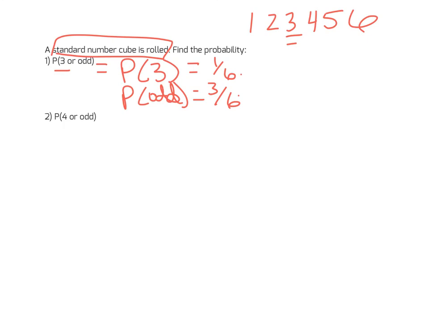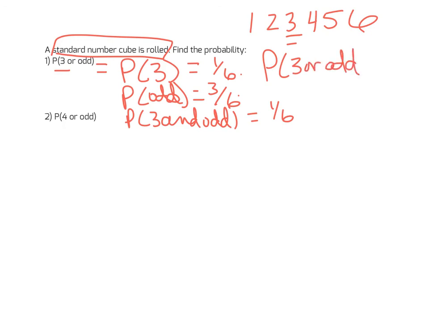So the probability that it is 3 and odd, because 3 is both of those, so these are not mutually exclusive, is 1 out of 6 again. So the probability 3 or odd is going to add the 1/6 and the 3/6 and subtract off the 1/6.